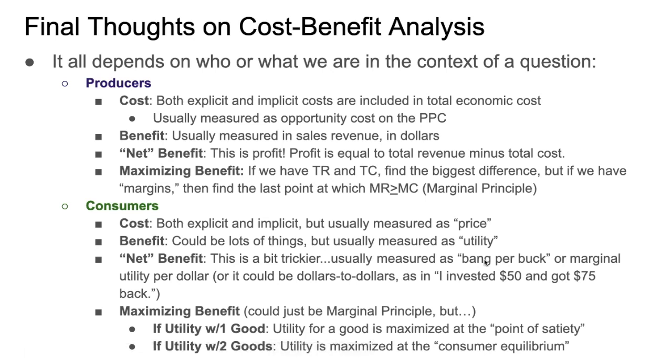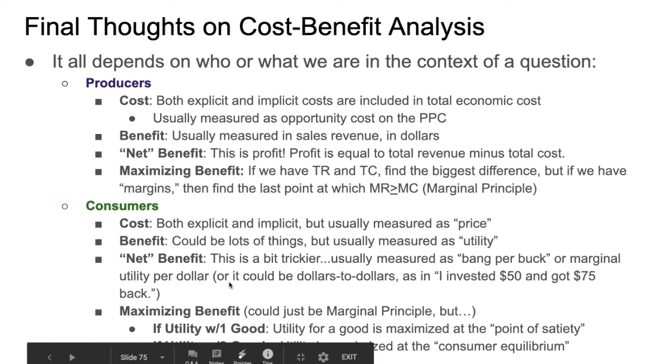It's usually measured as bang per buck because that's like your benefit versus your cost. But we also see it as marginal utility per dollar. Or it could be in dollars to dollars, such as I invested $50 and I got 75 back. This was your buck. This was your bang, right? It was a return on investment, bang per buck.